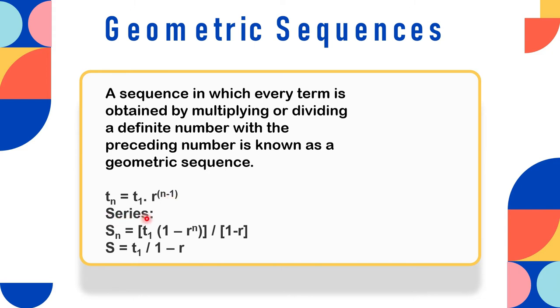For the series, Sn equals T1 times (1 minus r to the power n) divided by (1 minus r), and S equals T1 divided by 1 minus r.